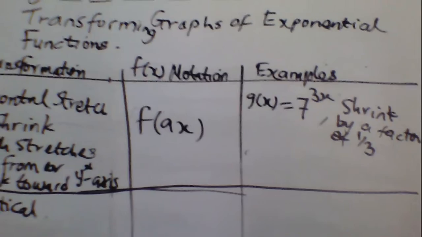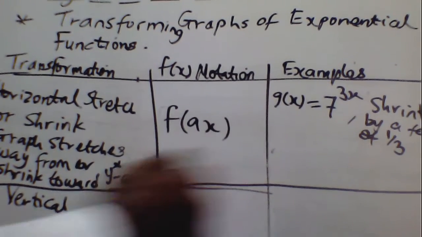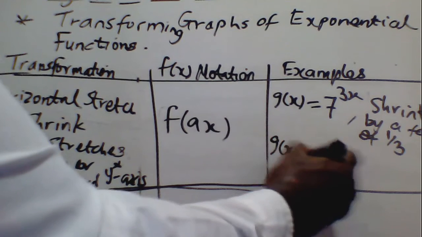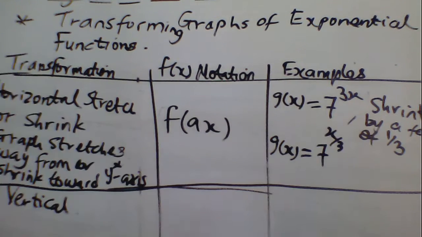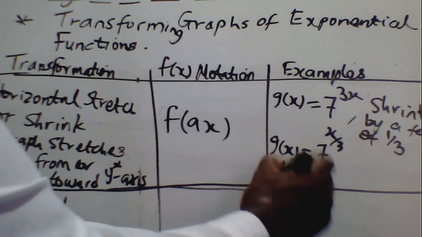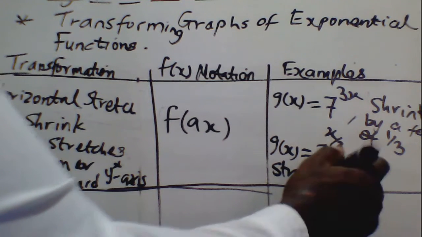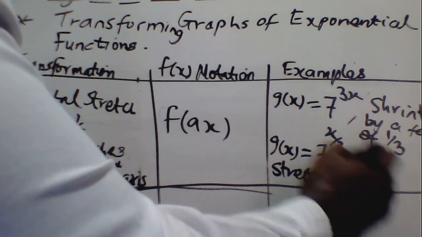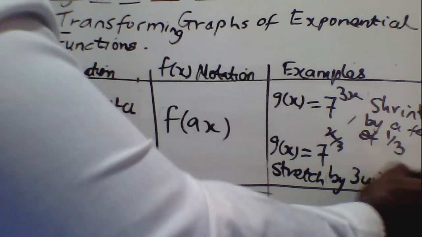So the graph will shrink by a factor of 1 over 3. If it's of this type, g of x equals 7 to the x over 3, it will stretch by a factor of 3.